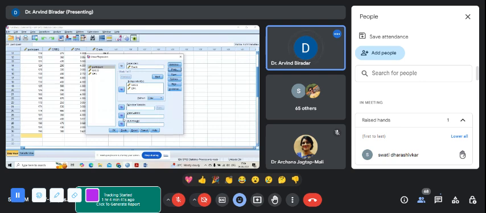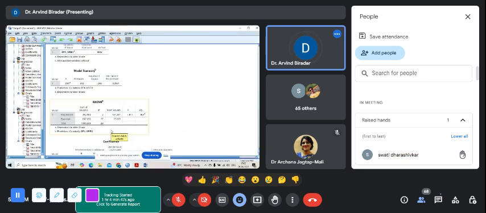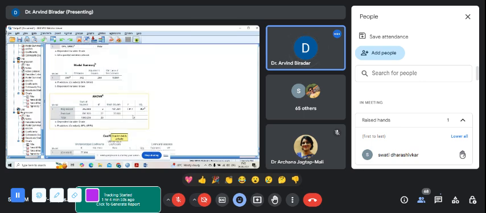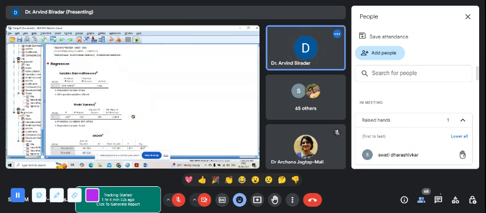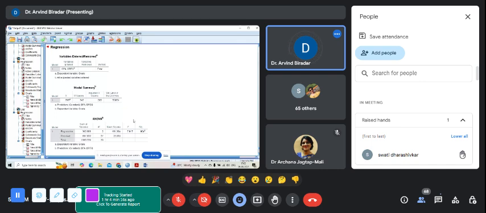Very good. See that. Model summary comes, R square.